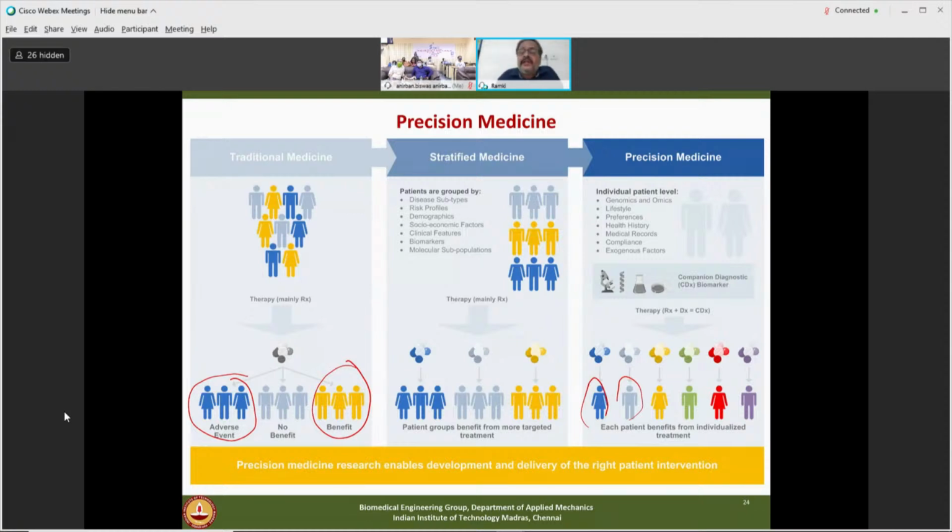You can use all the data, like demographics, lifestyles, food histories, medical records, compliance, and other things. So this is also an advantage which the imaging community has not yet exploited.